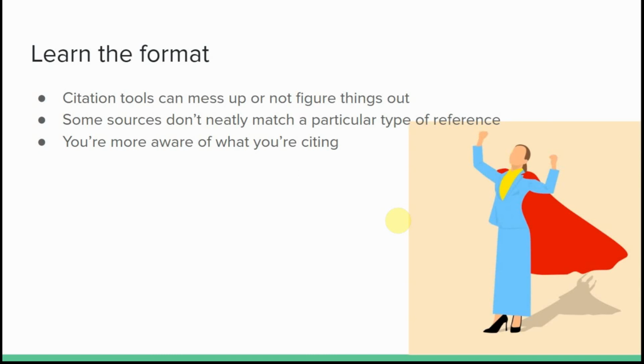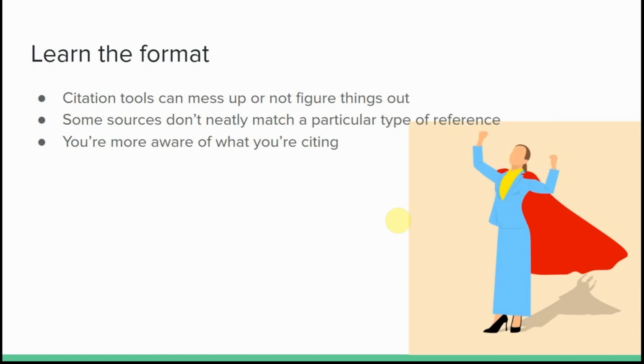So being able to understand the patterns allows you to make sure that the information that's provided is accurate. And also, if you do use a citation tool, go and double check that everything is presented correctly and that it's not picking up a different piece of information, and using something that's not actually the title as the title, or not picking up on the website, or not picking up on the DOI number.